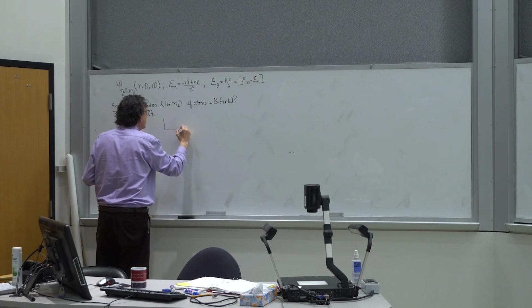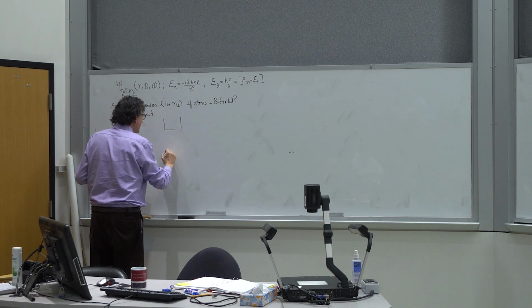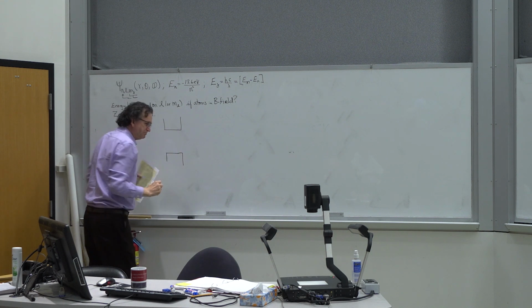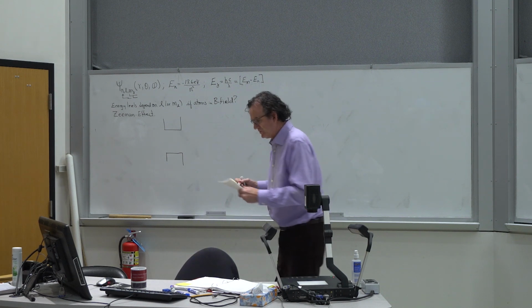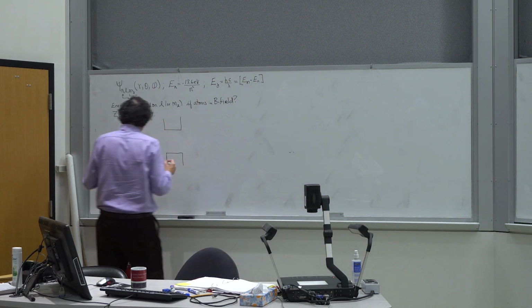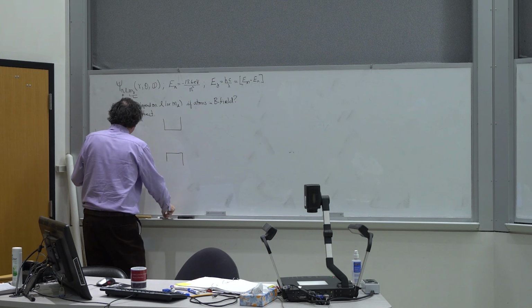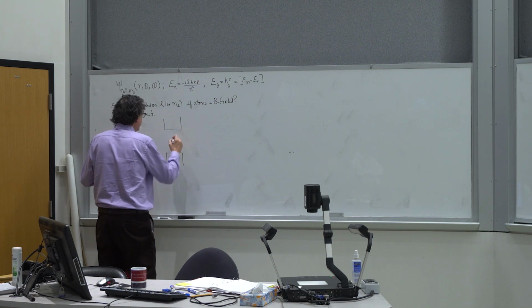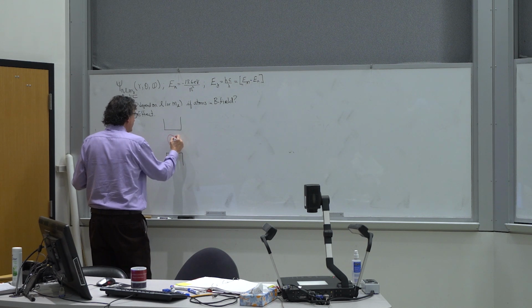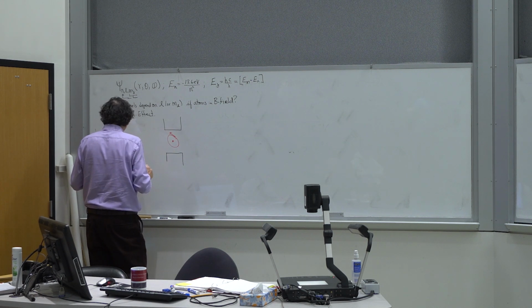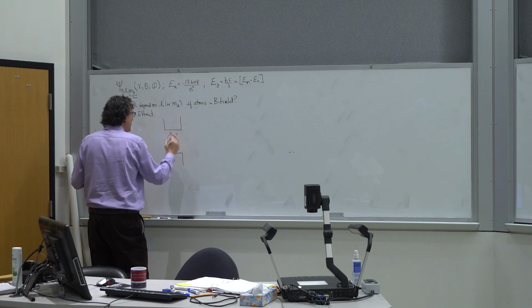The idea was that if I place the atom in a magnetic field, and let's see if I can draw the atom here. Let's say the electron is moving about the nucleus, and it has a certain momentum or velocity v in this direction, or momentum p, and the orbit has a certain radius r.